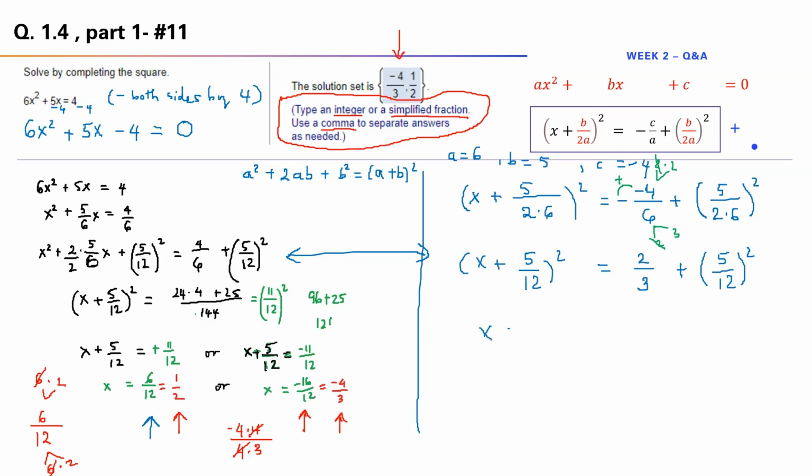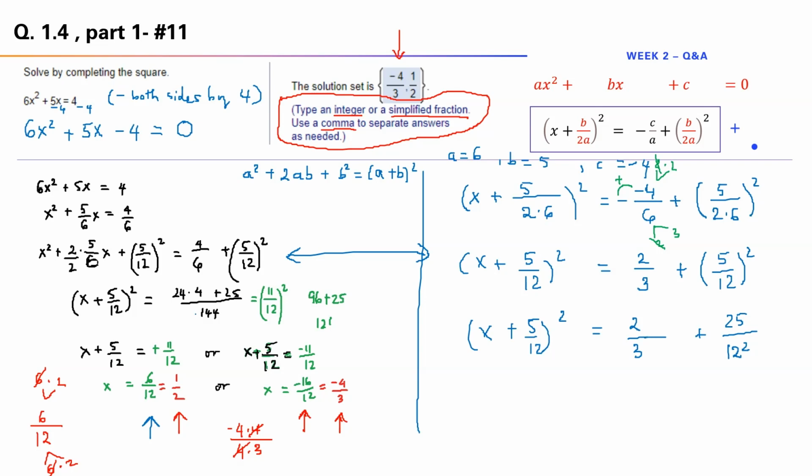We have (x + 5/12)² equals, 5 squared is 25, 2 over 3 right here, plus 25 over 12 squared. 12 squared is 144, right?